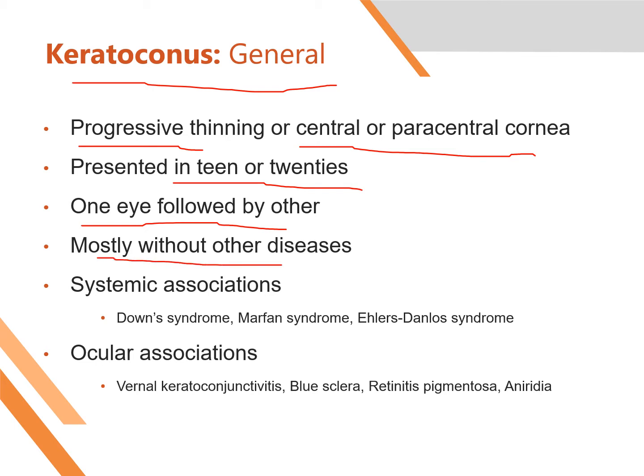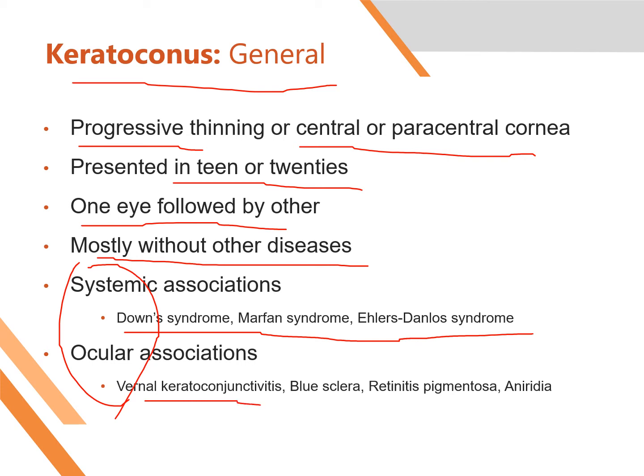It's mostly without other diseases. Now remember systemic and ocular associations. Systemic associations are Down syndrome, Marfan syndrome, and Ehlers-Danlos syndrome, while the ocular associations are vernal keratoconjunctivitis, blue sclera, retinitis pigmentosa, and aniridia.